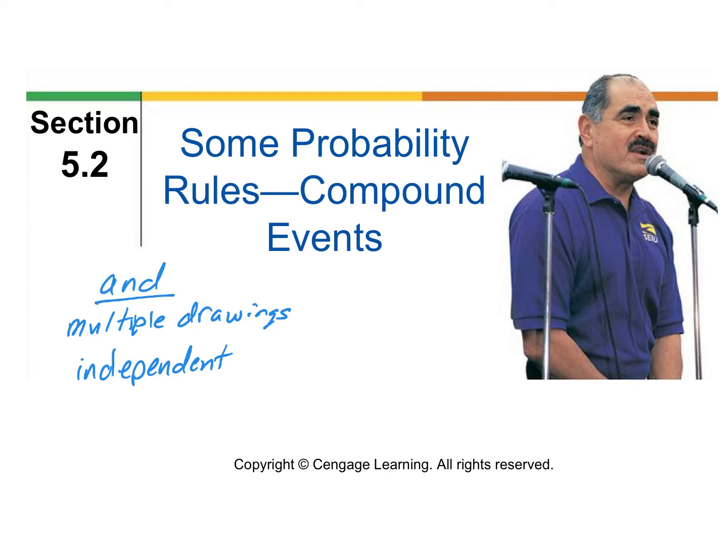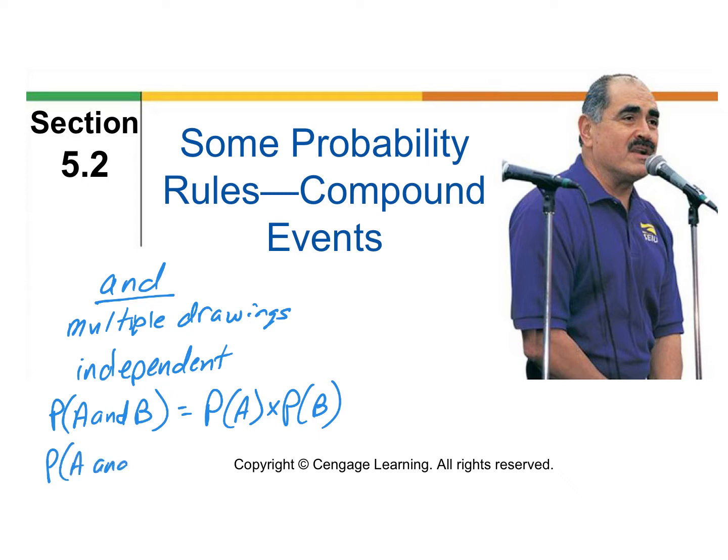And you'll have two formulas for and, and they're basically the same. One of them is the probability of event A and event B is equal to the probability of A times the probability of B. The other formula for A and B is the probability of A times the probability of B given A. That's a straight line called given.